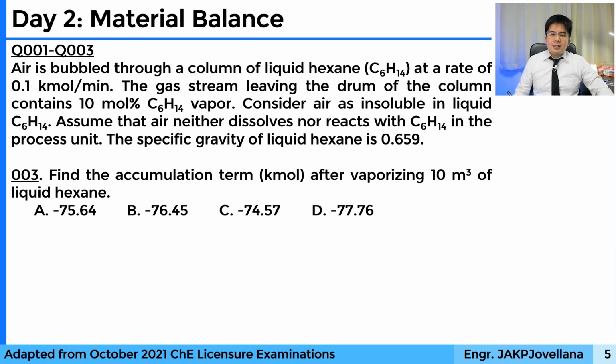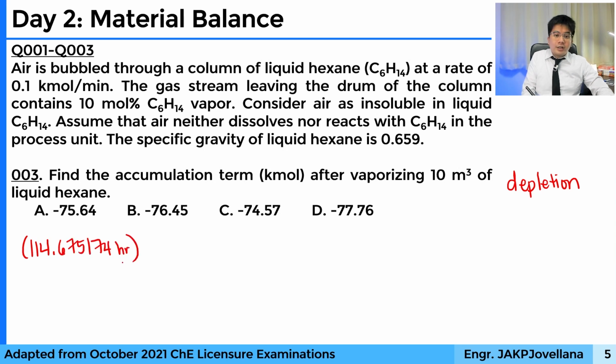Since the unit loses hexane, it will be in terms of negative accumulation, or alternative term is depletion. From the previous value, we have determined that the process time is 114.675 hours. Let's convert that again to minutes.